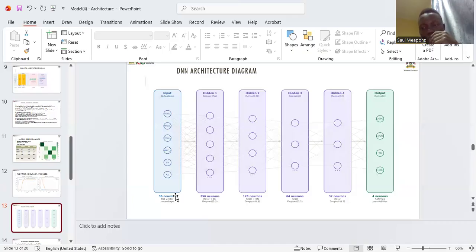Now, when we come to hidden layer one, you see that the 256 neurons are able to what? To see all the 36 features simultaneously. So these are able to run broad nonlinear combinations across the features.